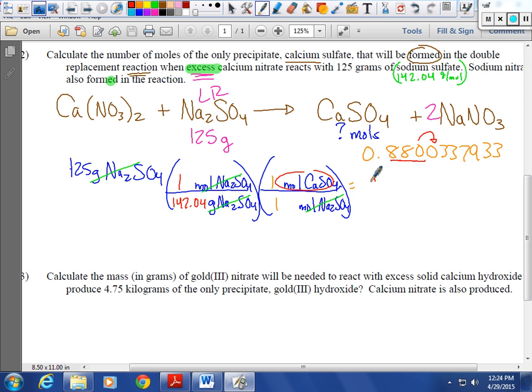So what's your final answer got to be? 0.880 moles of CaSO4. A lot of people want to leave that 0 off. They're like, that 0 doesn't make any difference. You're right, technically it doesn't, but it's making it more accurate. Yeah, everybody good on that? Okay. Let's look at the next one.